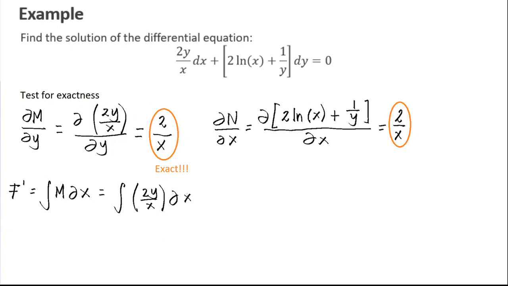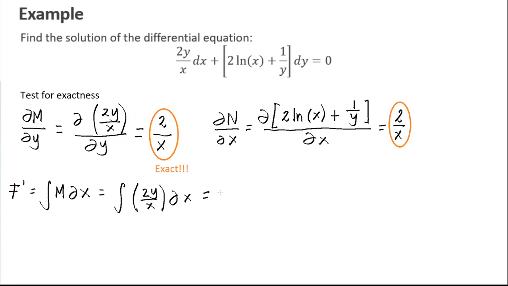So now, what is the letter that we are considering as a variable? Of course, it's so obvious now. We consider x as the variable and y is a constant. So you can really imagine y as a number and what to do when you're integrating 2y, or let's say 2 times 3 over x.